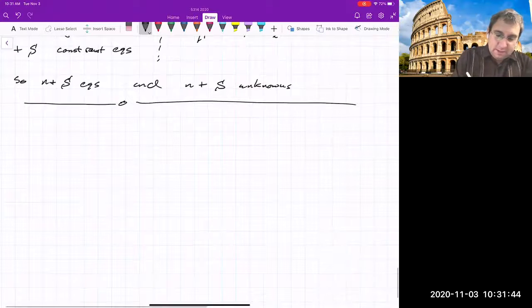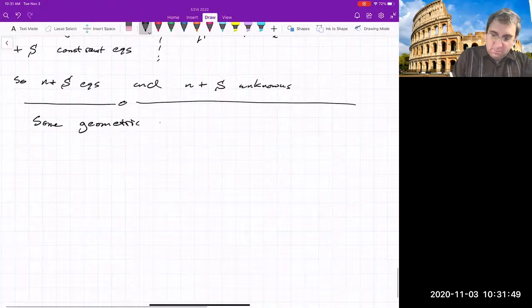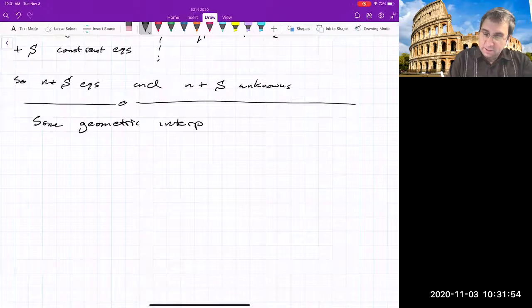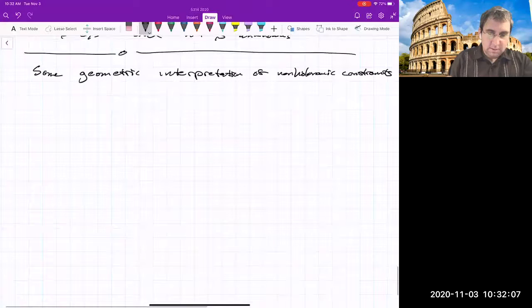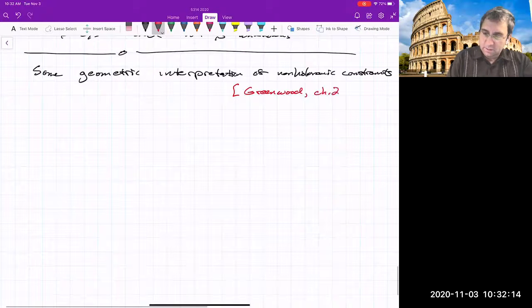So let's just do some interpretation of the non-holonomic constraints. And if you're looking for a place to read, Greenwood, there's a certain part there.